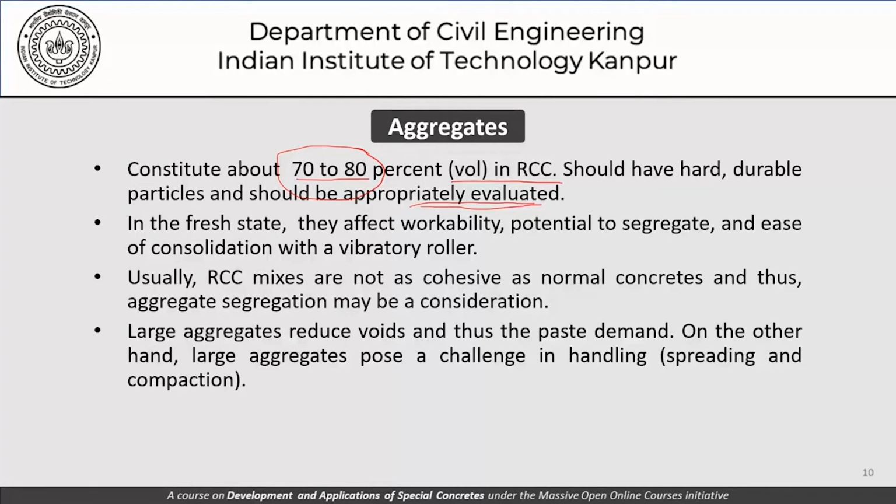Large aggregates reduce the voids and thus the paste demand. Large aggregates means if your Gmax, the maximum nominal size of aggregate, increases, the surface area goes down and therefore the paste demand goes down.